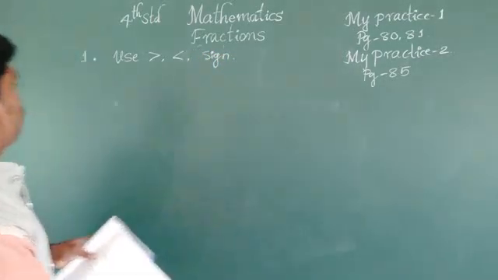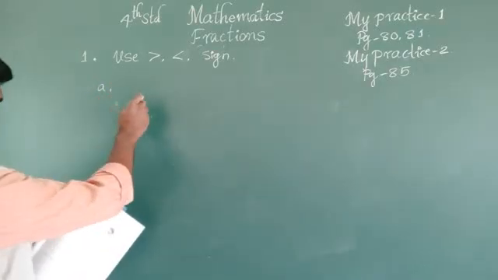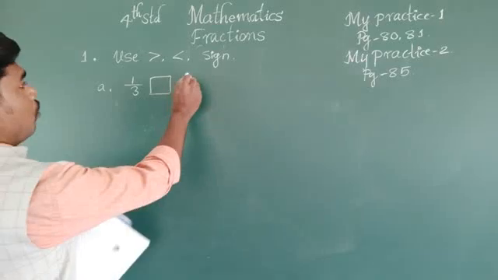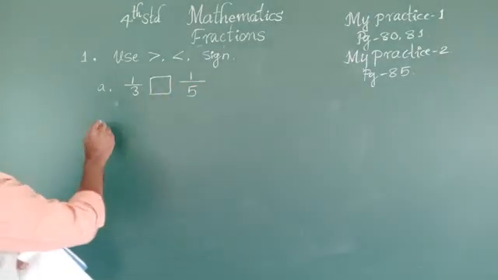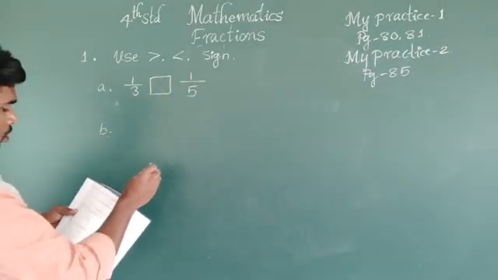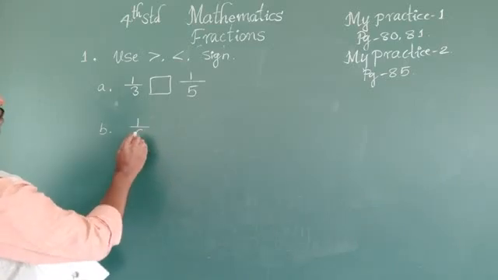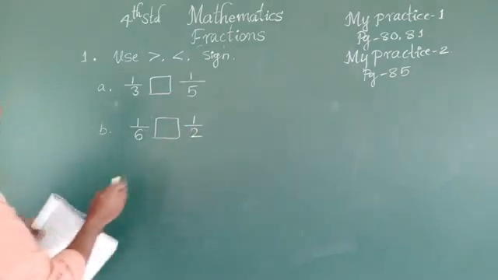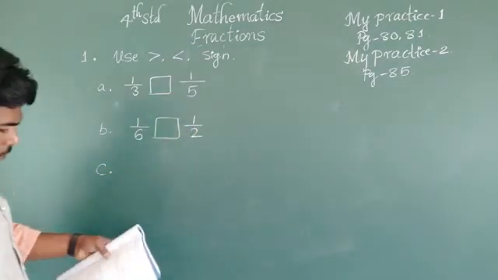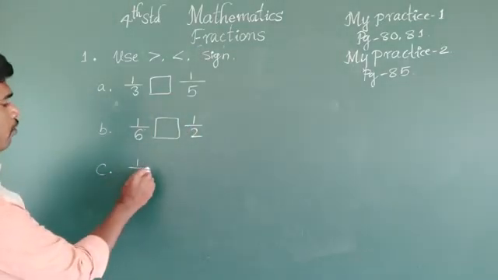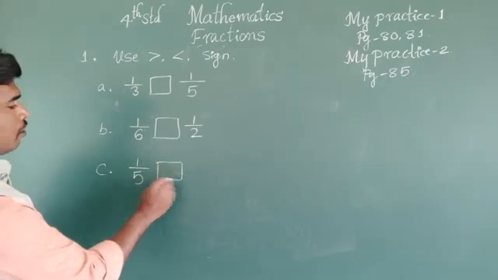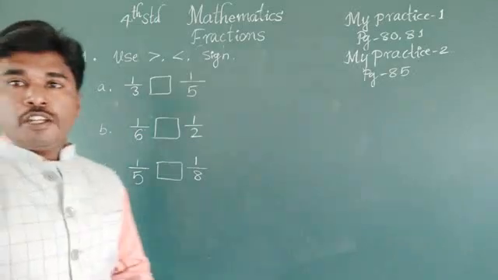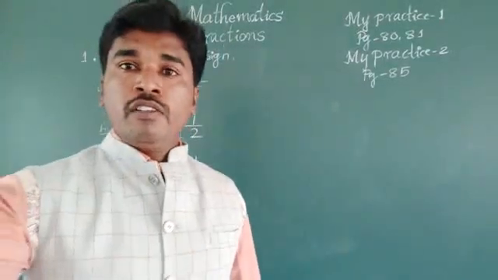Okay. So first one is 1 by 3 and 1 by 5. B: 1 by 6 and 1 by 2. C: 1 by 5 and 1 by 8. Observe, dear children, here I have taken 3 questions.